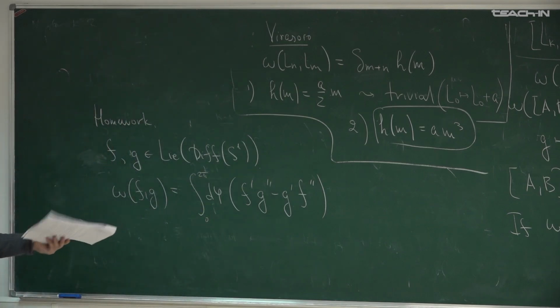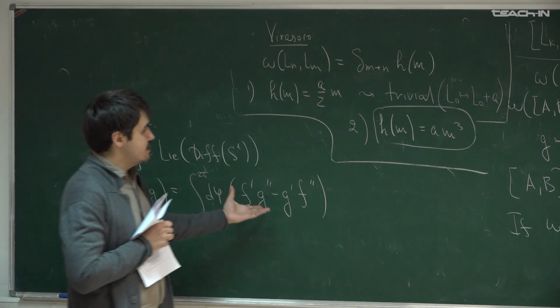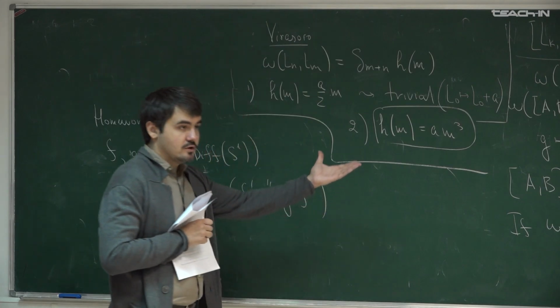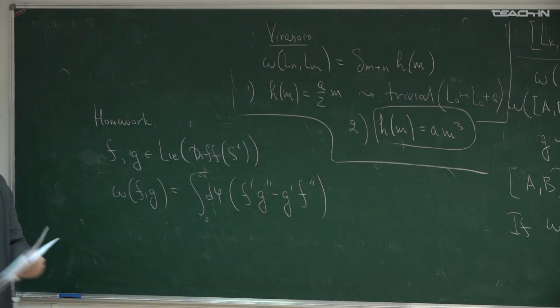Basically, if you take the exponents in place of f and g, you get the m cube thing.